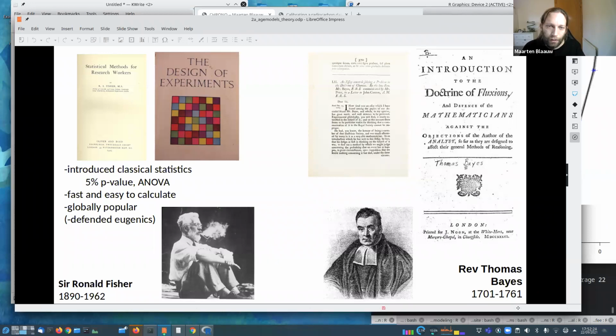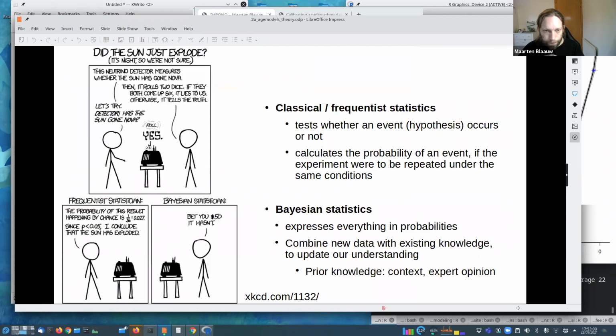And he had an idea of how could we take the context into account when we look at our new data? How do we marry new data with existing knowledge? He never actually published it because he died before he could, so a friend of his published it as a thesis. And then that stayed as an obscure type of knowledge for hundreds of years, literally, because nothing could really be done with it; it was just too complicated to actually put into practice.